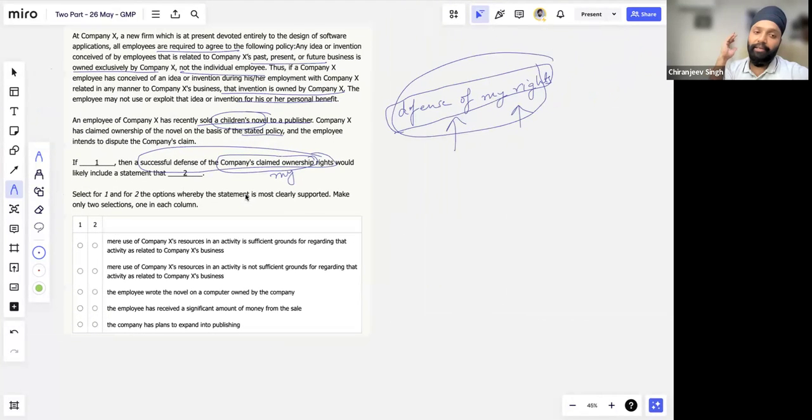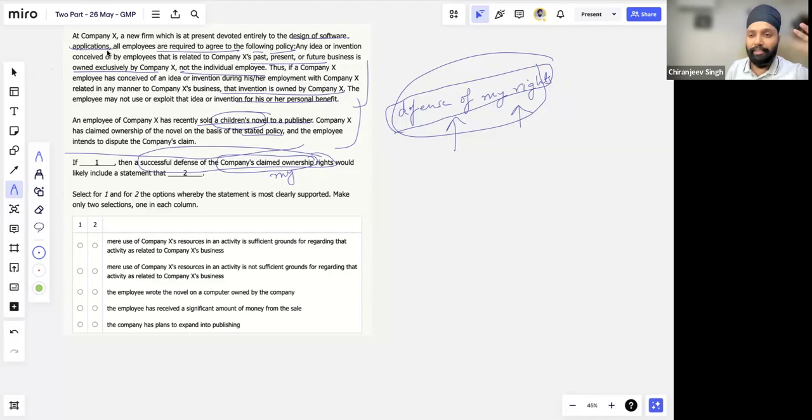Right. So it's saying we are a successful defense of the company's rights would include a statement that, and if part we don't know, but actually before moving here, I will spend a little time here and try to understand कि हाँ वो children's novel उसने लिखा है, actually वो employee भी है, and given what it is saying, I would expect कि हाँ given the policy, the company should be owning it if the company plans to get into books and all that. क्योंकि उसने लिखा है कि any idea or invention conceived by that is related to company's past, तो हमें पता नहीं है, तो past में रहा हो, पर books कह रहा present तो नहीं है, because right now it's entirely into the design of software applications.